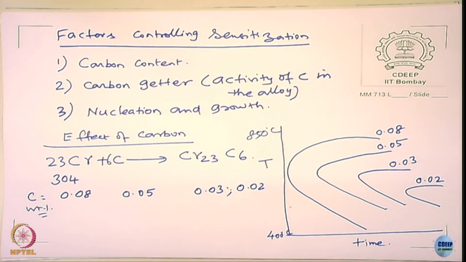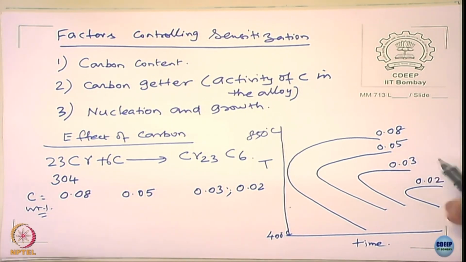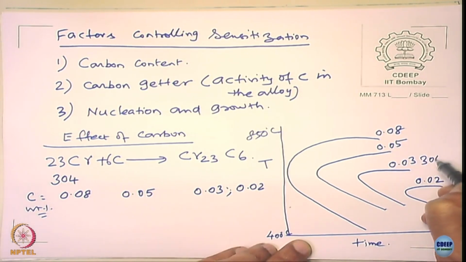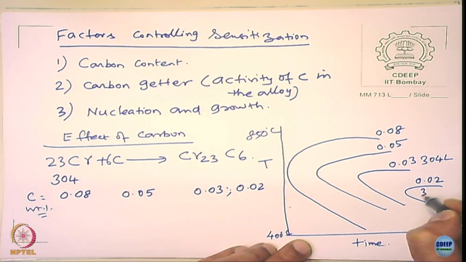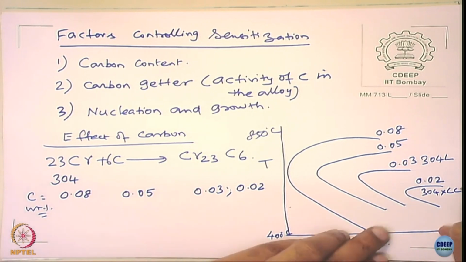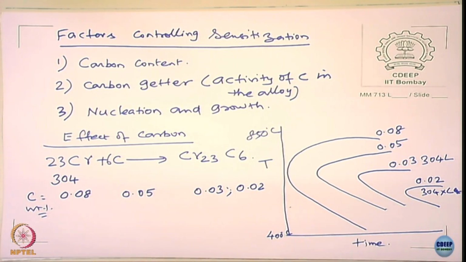The whole lot of stainless steels to avoid sensitization were developed based on this concept, right. 0.08, 0.03, this is called 304L, this is called 304 extra low carbon, XL. In the nuclear industries, even 0.03 is not tolerated.